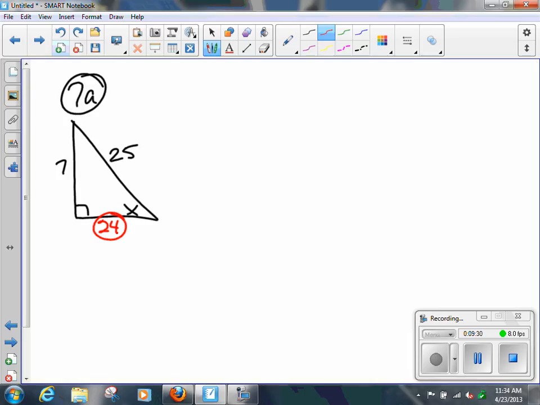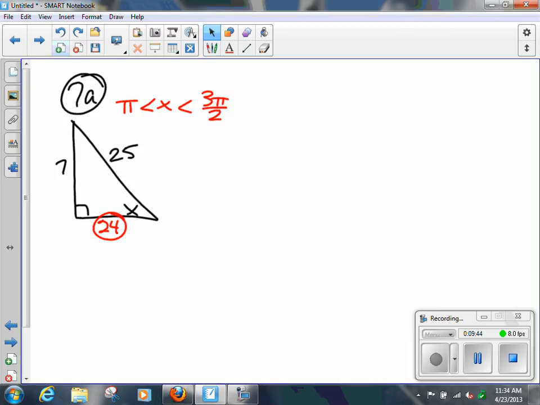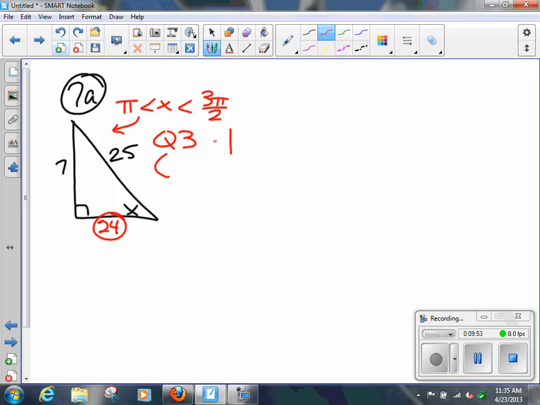We're given that x is in pi less than x less than 3 pi over 2. Where is that? What quadrant? Quadrant 3, which is down here: negative, negative, positive.